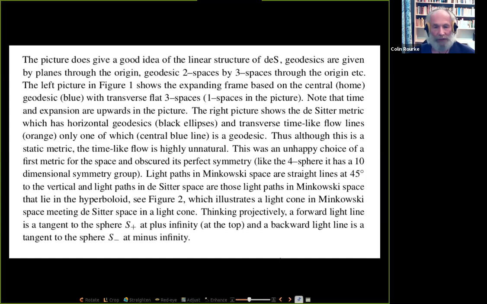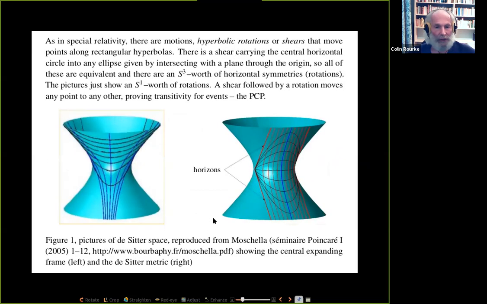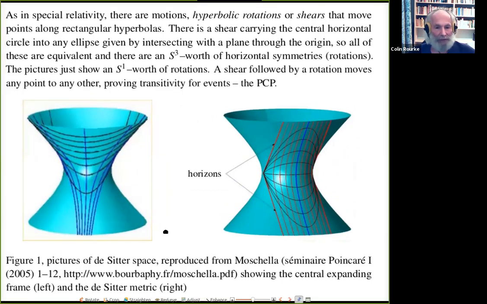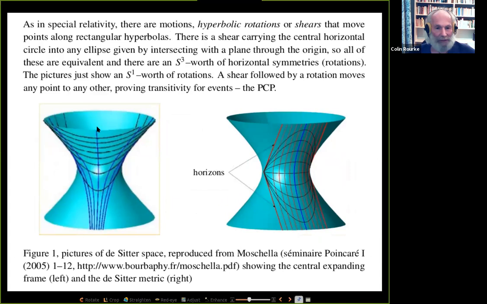Okay, so the picture doesn't give a good idea of the metric, but it gives a very good idea of the linear structure. Geodesics are given by planes through the origin, geodesic 2 spaces by 3 spaces, etc. So if we go back there, the left picture shows the expanding frame based on, let's think of this line up the middle here as being the home geodesic. That's where we're traveling, okay?